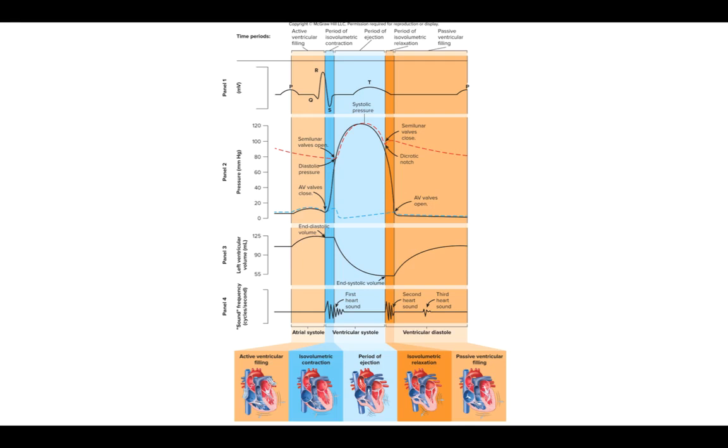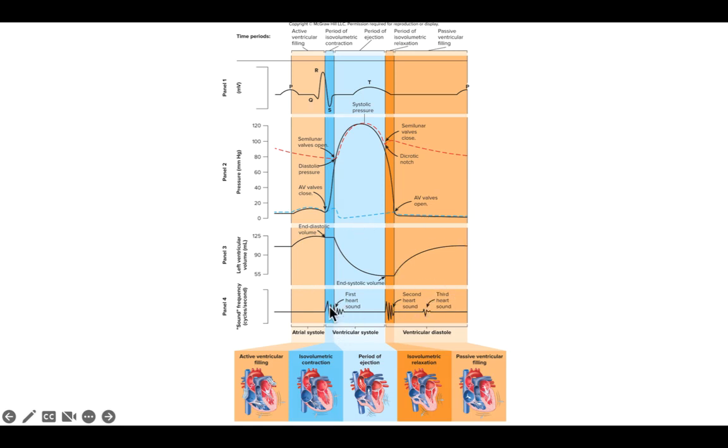This shows everything. So every book's got this, where they try to line everything up. Again, this may or may not help, but you'll notice that up here we have the ECG or EKG. Here we have those pressure changes. Here we have the volume changes.